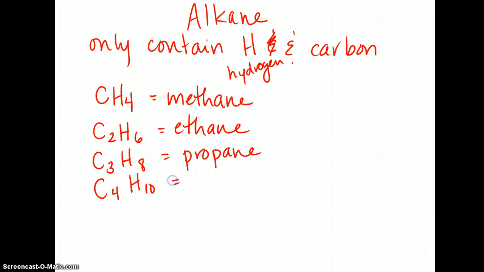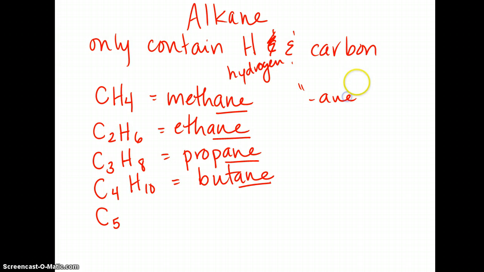The next one is butane. And then the next one, we're going to see if you guys can start finding the pattern. So first of all, notice that every one of these alkanes always ends with ANE. So if it ends with an ANE, you know it is an alkane. That means it only contains carbon and hydrogen.